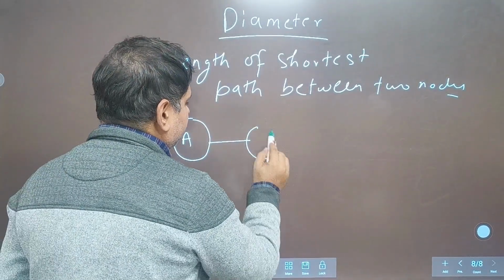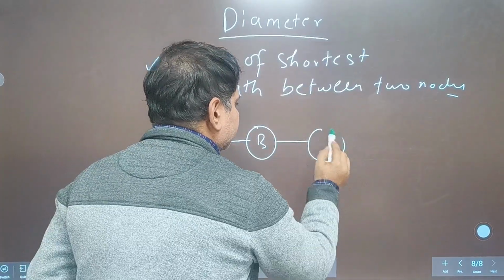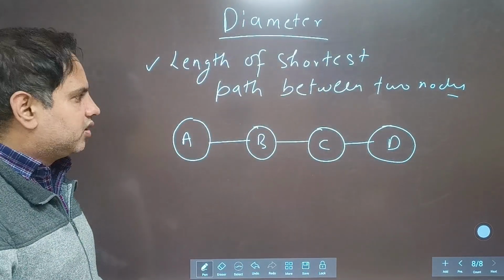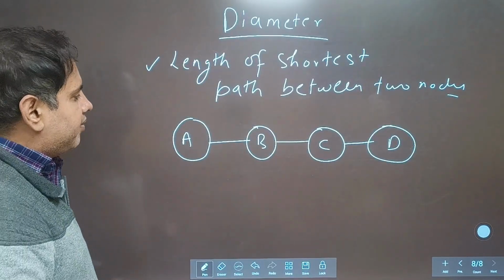A is connected with B, B is connected with C, C is connected with D. For example, this is your very simple network. So what is the diameter?